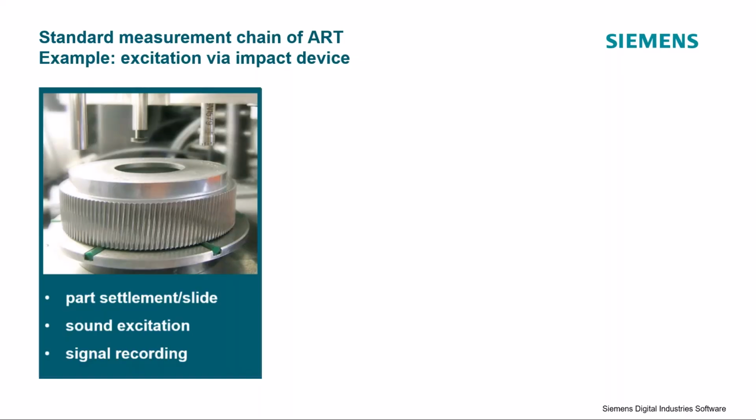What else do I need to get some sound out of it? Well, I place it reproducibly, vibrationally isolated, and I hit it with the impact device. If it was a very small, lightweight component, I would use the slide device and let it drop on a metal plate. And then I have some sound, I need to record it. Here, a broadband microphone is used.